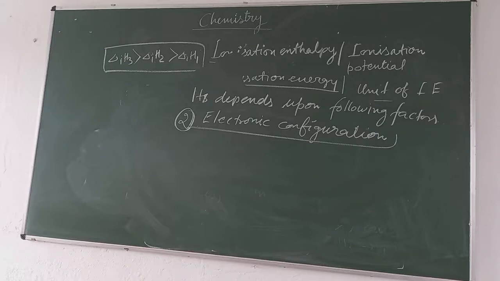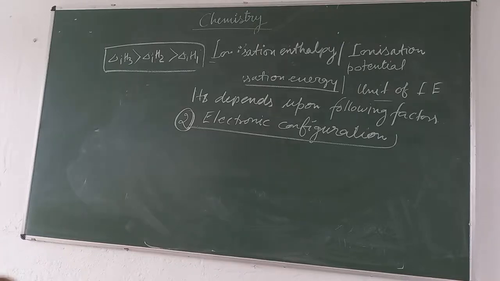Second, first ionization enthalpy of nitrogen atom is higher than that of oxygen atom. It is because in nitrogen atom, electronic configuration 1s2, 2s2, 2p3, the p orbitals are half filled. It is a more stable configuration.